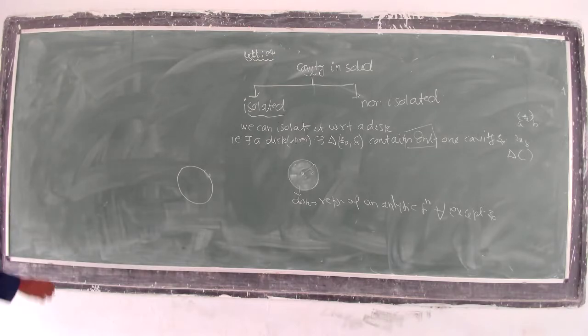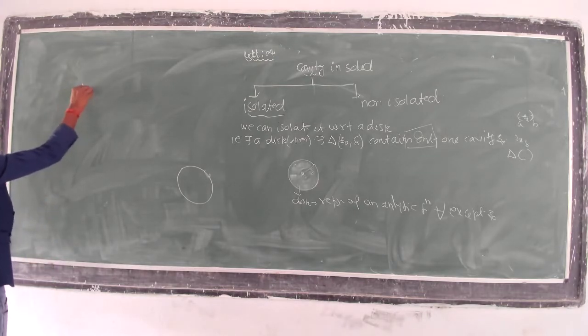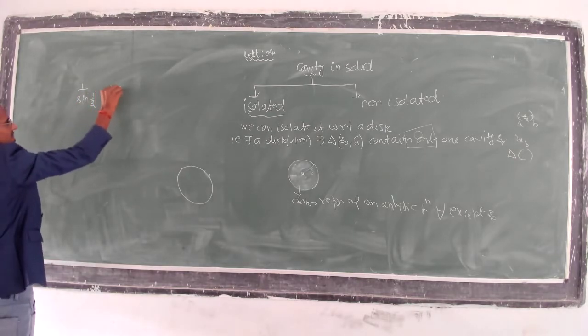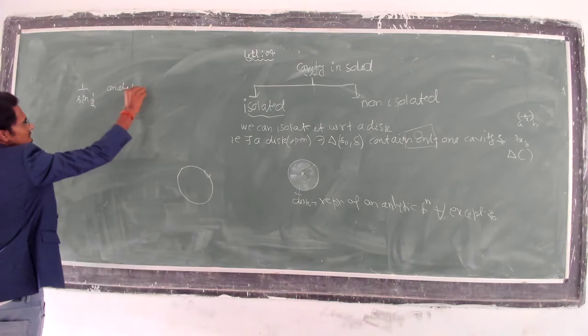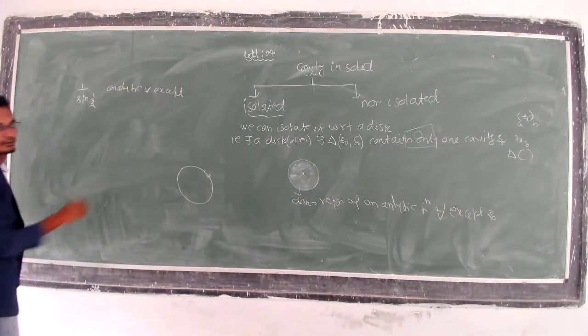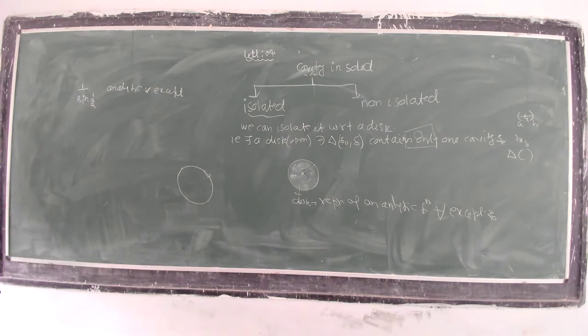Okay, so if you remember, yesterday we had seen 1 over sine(1/z) was analytic everywhere except the zeros of this, right? Because at the point where this denominator is 0, the function will go to infinity.